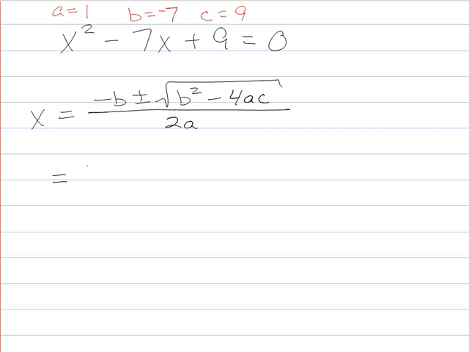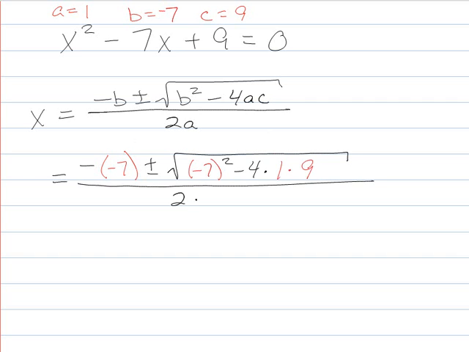I'm going to plug these in. Negative, negative 7, so minus a minus 7, plus or minus the square root of b squared minus 4ac, all over 2a, like that.